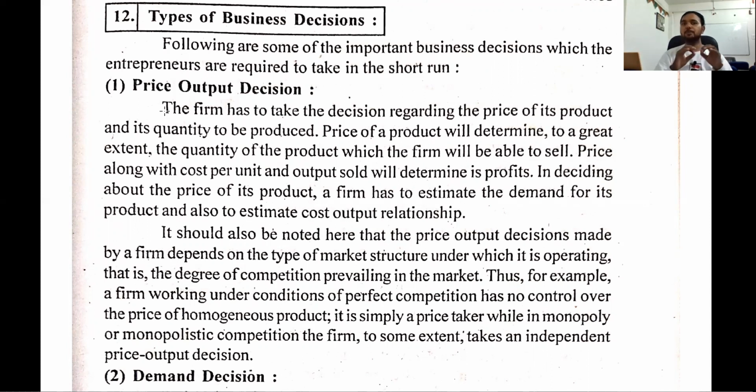So this is how the price output decision works: whatever output you are getting, whatever the cost of production has been, you need to decide the price so as to get at least the break even point, or some profit. This is the decision of the business that can be taken with the help of economic theory.